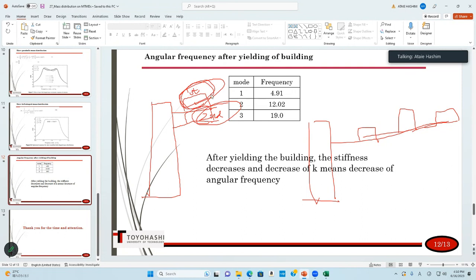It means the first mode frequency will decrease. In that case, the TMD will not work. If we have another TMD tuned to a smaller frequency, maybe after yielding that TMD will work. So maybe you can put two TMDs for the first mode, one elastic and one inelastic.